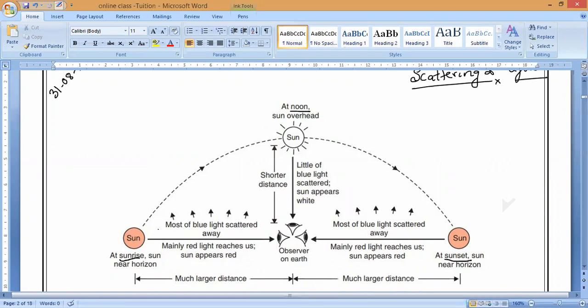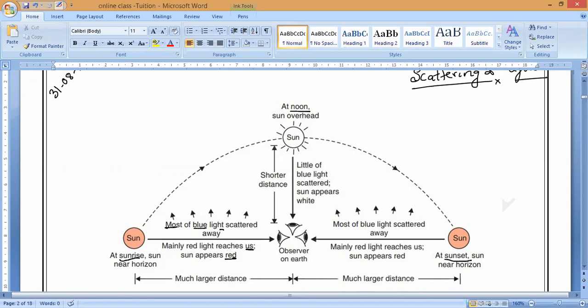You can observe here, during sunrise and sunset, most of the blue light is scattered away, so mainly red light reaches us. That is why the sun and the surroundings appear to be red.